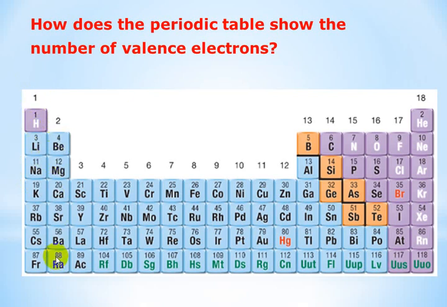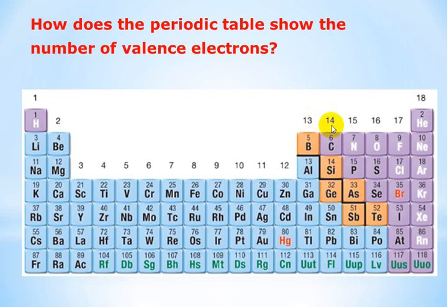In group number 2, beryllium has 2 valence electrons. Magnesium has 2 valence electrons. In group 13, boron has 3. Aluminum has 3. In group 14, silicon, for example, has 4.